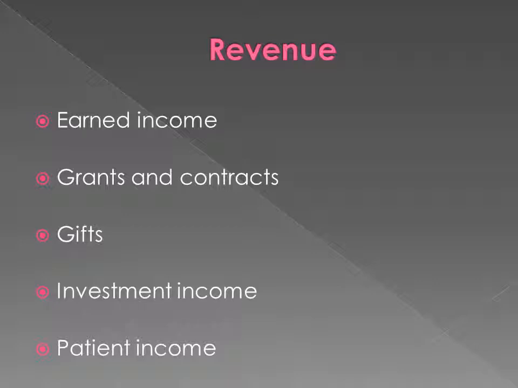Gifts can be cash, whether it's pledged or planned giving, or it could even be in-kind gifts such as donated services and goods. Investment income could include, but is not limited to, savings accounts, interest from CDs, or dividends from stock investments. And your patient income would be if you were billing insurance companies for services.